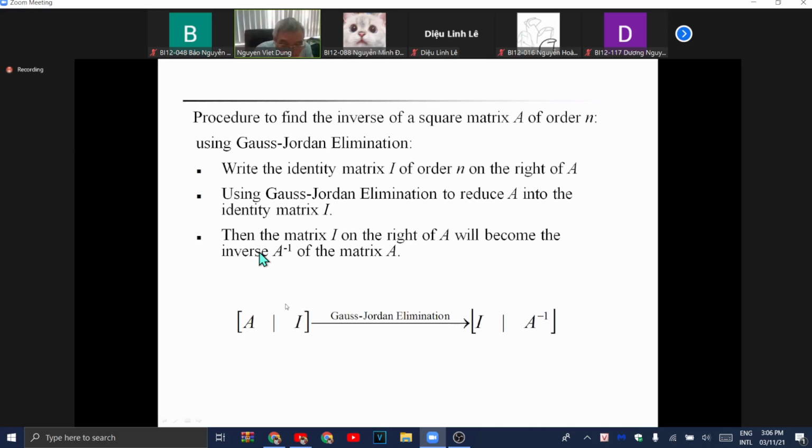By the same operations, the identity matrix here will become something, and that something is exactly A inverse. So that is the procedure to find the inverse of a square matrix A by Gauss-Jordan elimination.